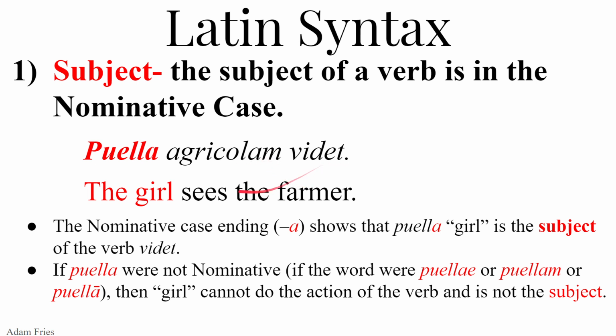And then videt, so the girl sees the farmer. If I were to change the word order, if I were to write agricolam puella videt, well, we've not changed the meaning of the sentence at all. We've not changed the syntax, we merely changed Latin's word order. So if we want to change the meaning of the sentence, we have to change the endings. That's how Latin shows syntax, through endings.